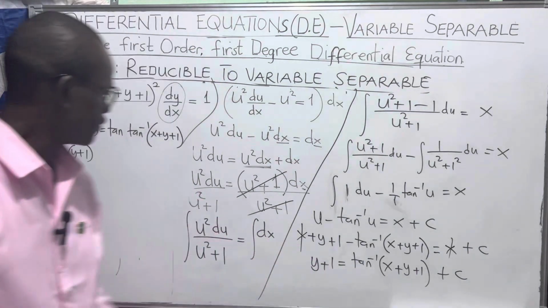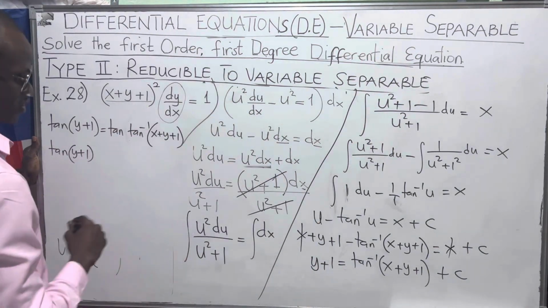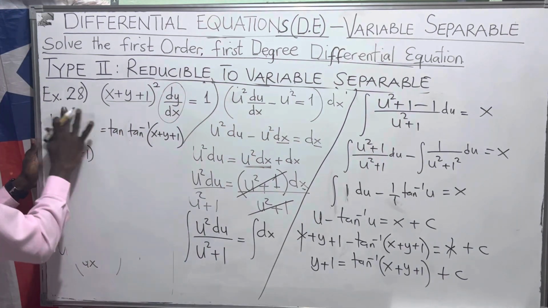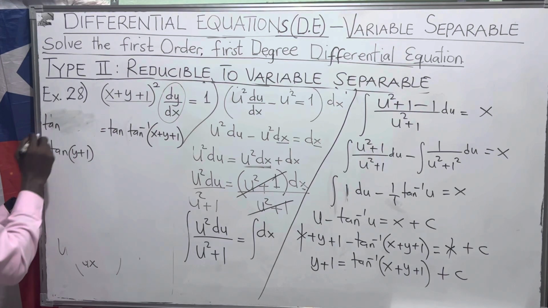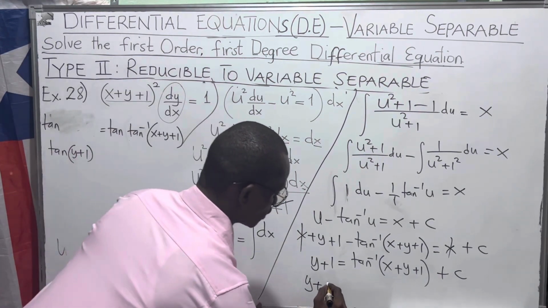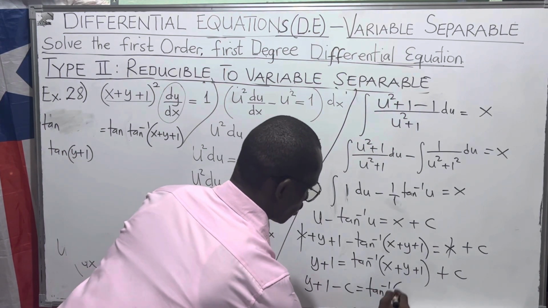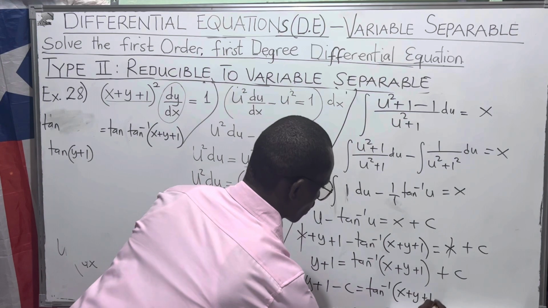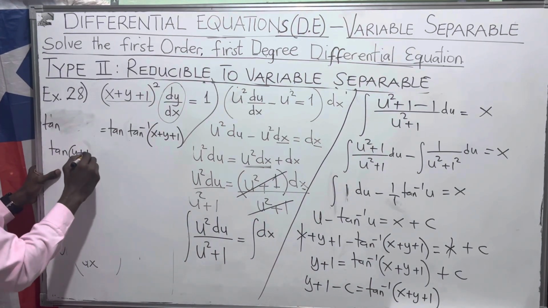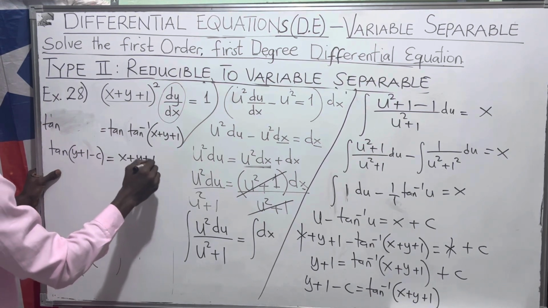We can send the c to the left hand side of the equation and maintain only the tangent part on the other side. So we have tangent of y plus 1 minus c equals x plus y plus 1.